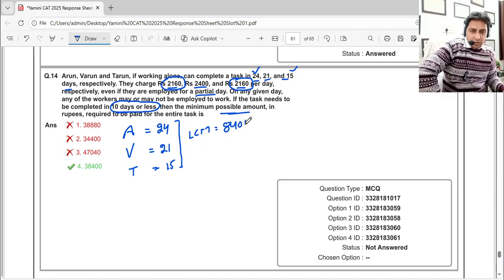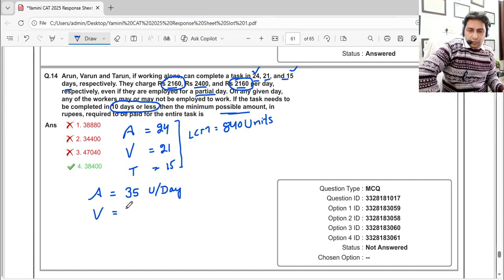So that means the total units they have is 840 units, and Arun out of 840 can do 35 units per day.